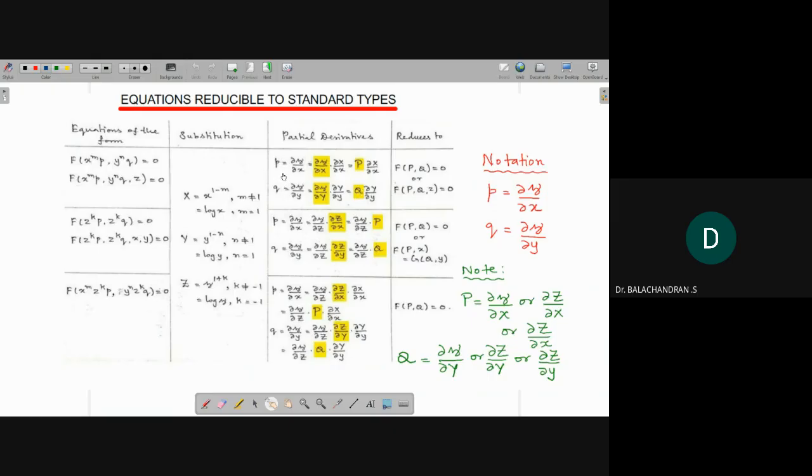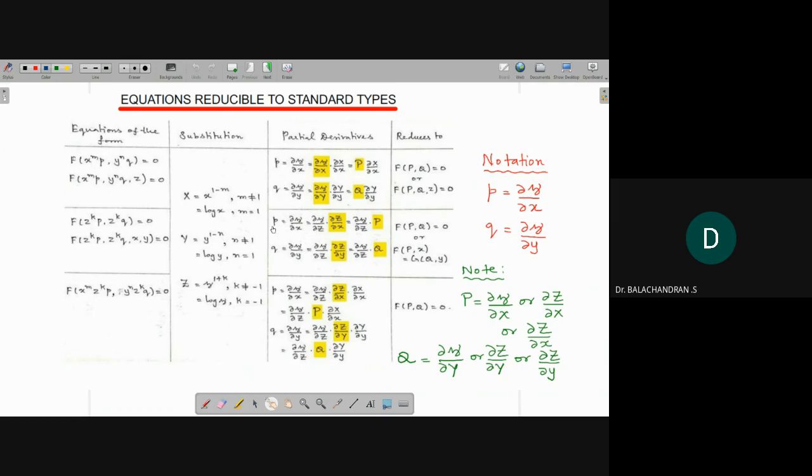So if we have only X in the substitution and I don't use Y and Z, then P only is enough. Suppose I use the substitution X and Y but don't use Z, then we need to use both P and Q, the partial derivatives.